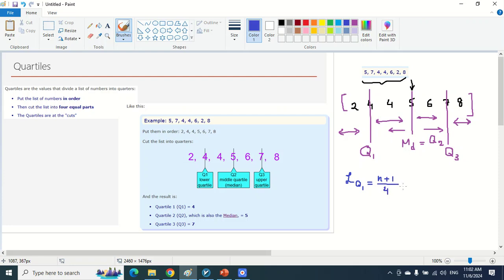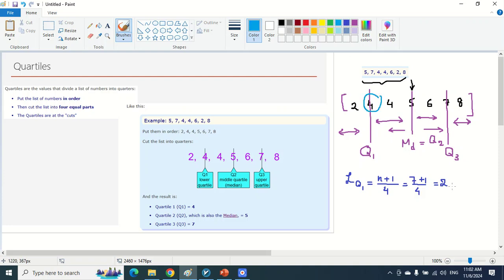N plus 1. The number of the data, for example over here, is 1, 2, 3, 4, 5, 6, 7. So we have 7, and we add 1 and divide it by 4, which is 2. So the location of the first quartile will be the second location. The second location over here is 4.